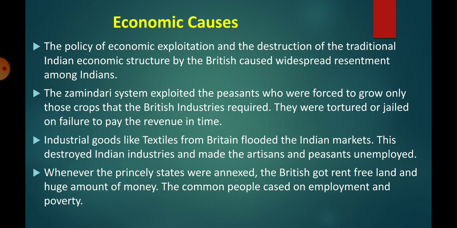This destroyed the Indian industries, because if you compare the Indian textile and the British textile at that time, the British textile was cheaper than the Indian textile, and it was affordable for the poor people. That's why this also destroyed the Indian industries and made the artisans and peasants unemployed.